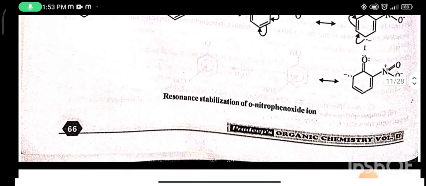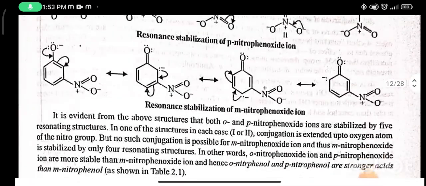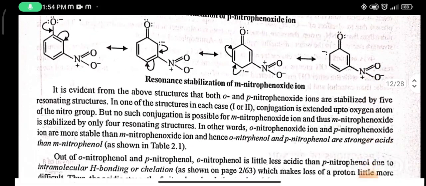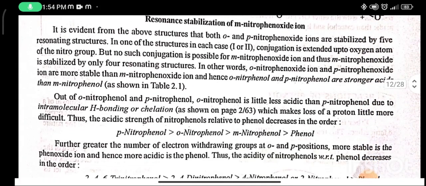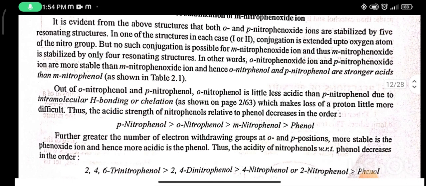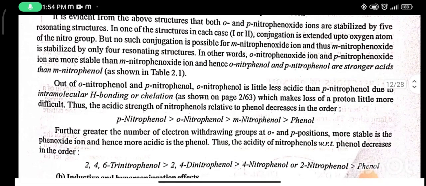To explain this, let us compare the stability of ortho, meta, and para nitrophenoxides. Here, the different resonating structures of the orthonitrophenoxide ion are shown. It is evident from the above structures that both ortho and para nitrophenoxide ions are stabilized by five resonating structures.